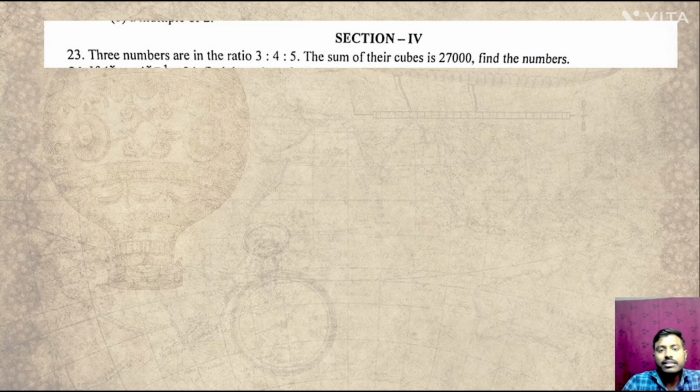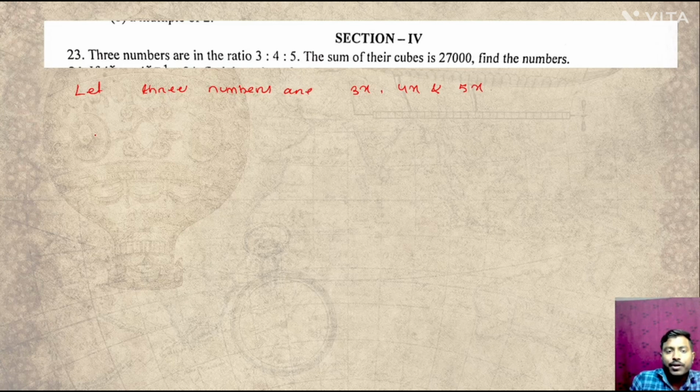3 numbers are in the ratio 3:4:5. So write down, let the 3 numbers be 3x, 4x and 5x. According to the question, the sum of their cubes is 27,000, so 3x whole cube plus 4x whole cube plus 5x whole cube is equal to 27,000.